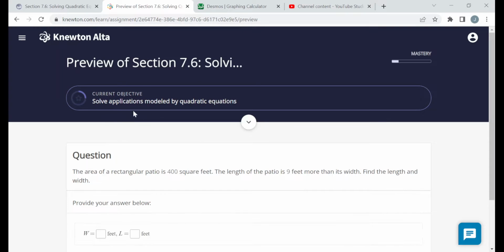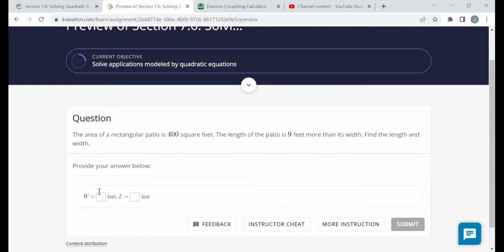So here's another application where they're asking for the width and length of a rectangle. All right, so the area of a rectangular patio is 400 square feet. Now remember, area is length times width, the area of a rectangle. And they're telling us the length of the patio is 9 feet more than the width.